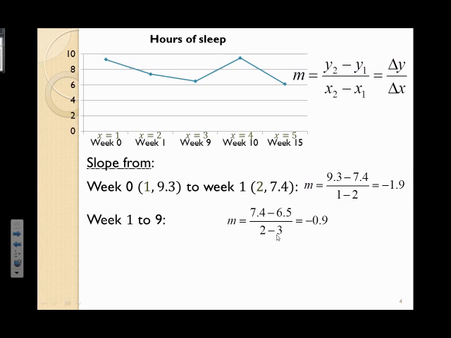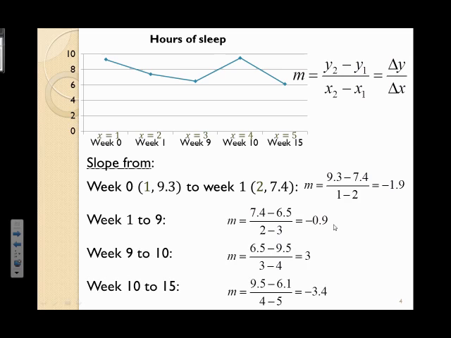If we compare week 1 and week 9, then we use, again, from the prior page, 7.4 minus 6.5, and it's the third point minus the second point of the x coordinates. So, again, 9/10 of an hour less sleep, or about 54 minutes less sleep. And if we do it for the rest of the time, we can look at it and say, oh, this is how much change is happening.